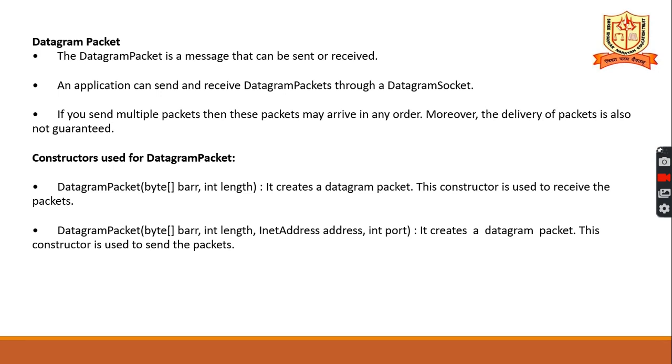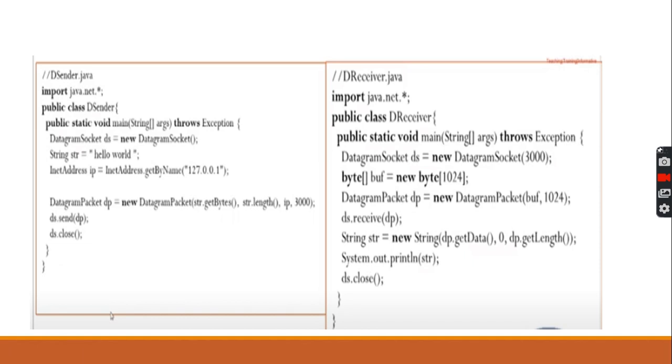It creates a datagram packet, and this constructor is used to send the packet. Be careful: to receive the packets there are only two arguments, and to send the packets you have four arguments. In the next slide, we'll see the example of this.